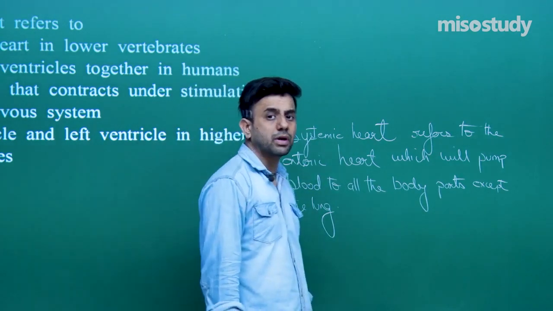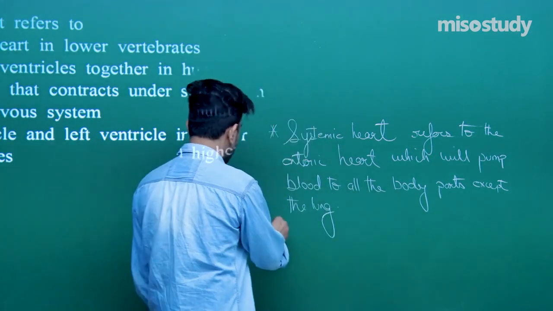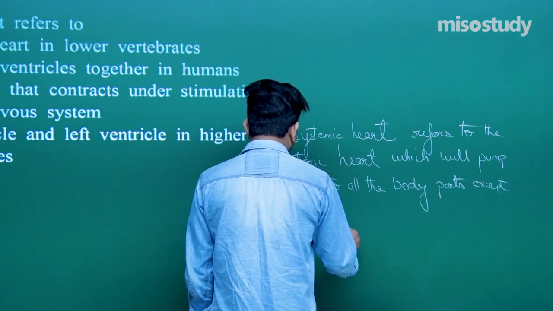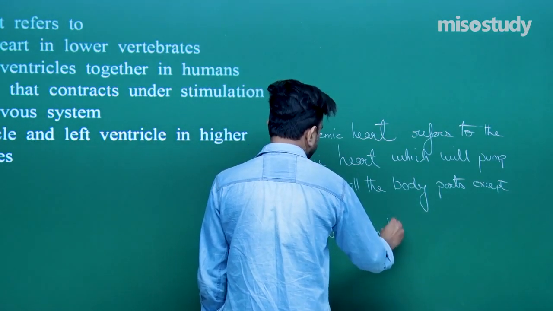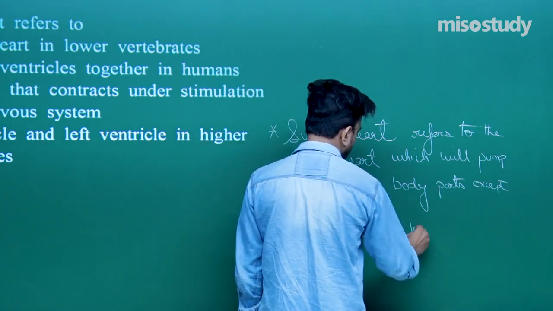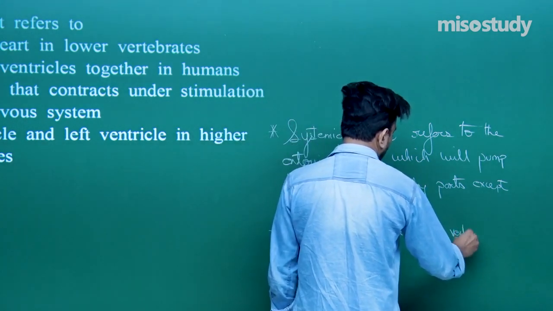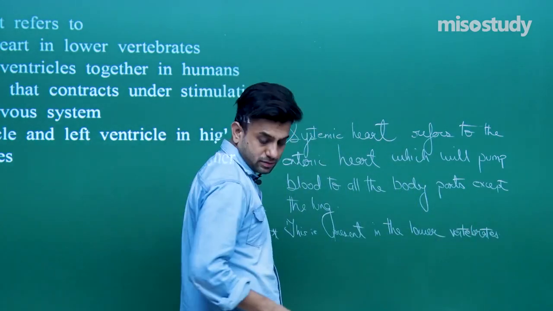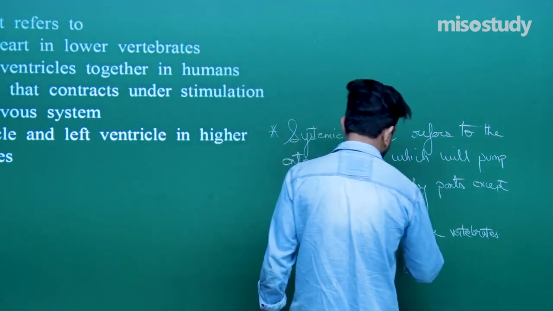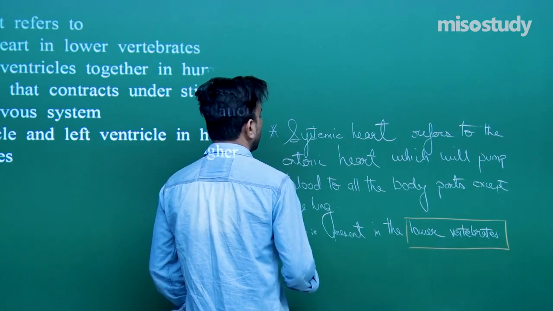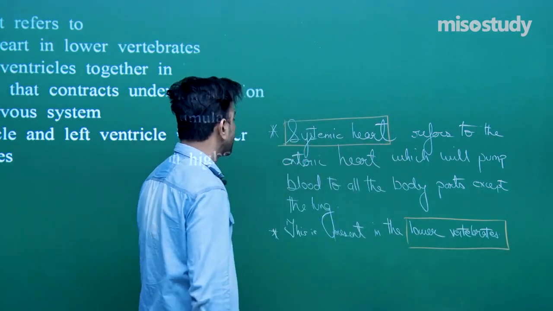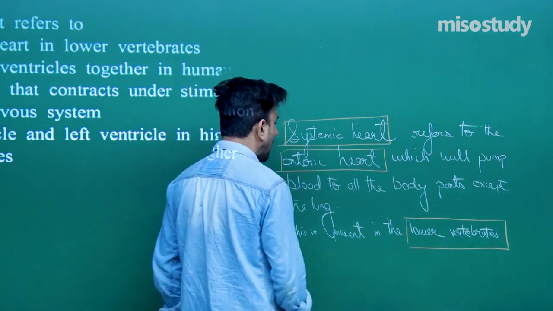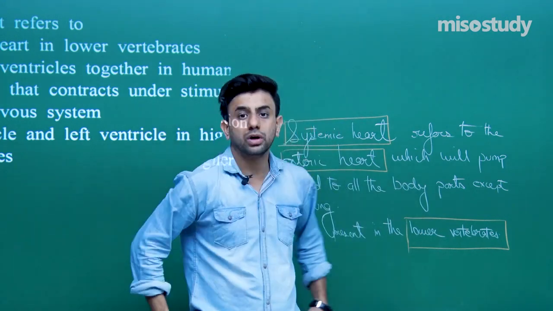And this systemic heart or the enteric heart is present in the lower vertebrates. So the systemic heart refers to the enteric heart, which will pump blood to all the body parts except the lung, and this is present in the lower vertebrates.